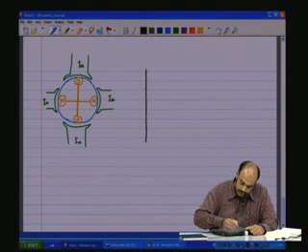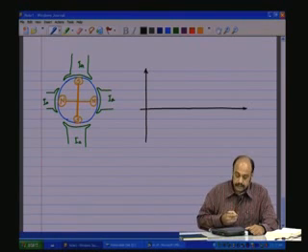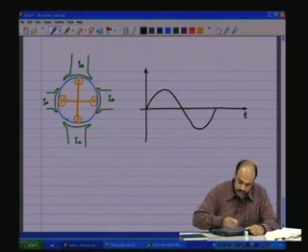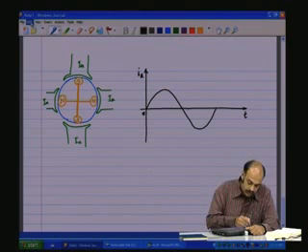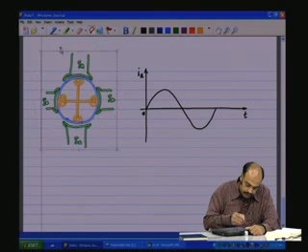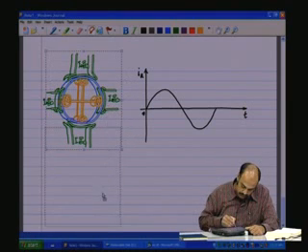Now let us have the IA current also. This is IA current at this point. Let me copy this whole portion, and let me also paste it and have a duplicate here.